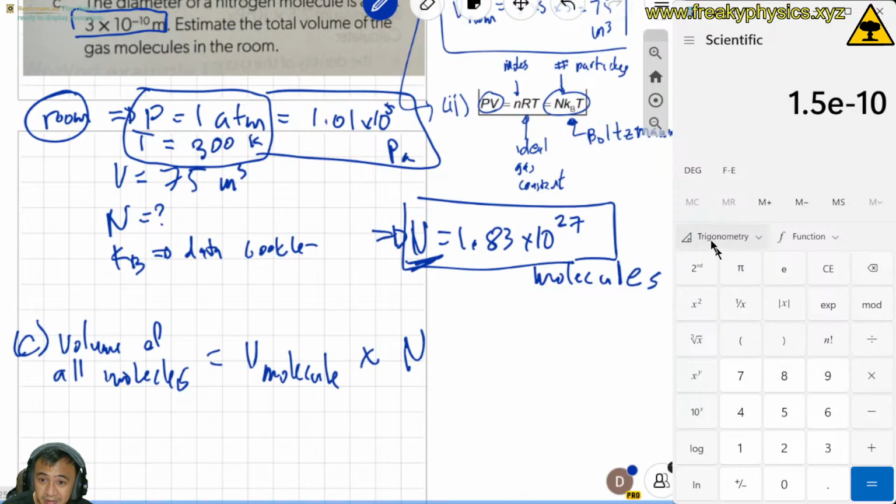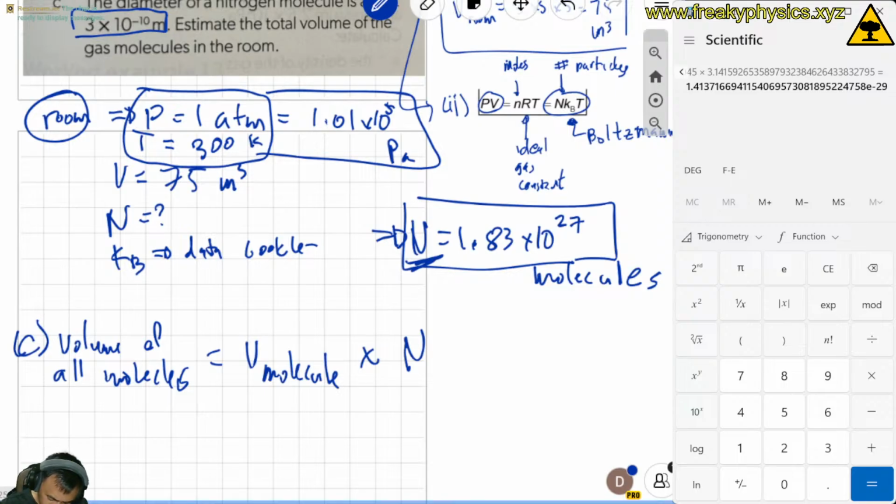We're gonna cube that. Okay, cubing that, that's the answer on the calculator, and then we multiply that by 4/3 pi. So times 4 divided by 3 times pi. Okay, so the volume that we get is 1.41 times 10 to the minus 29.